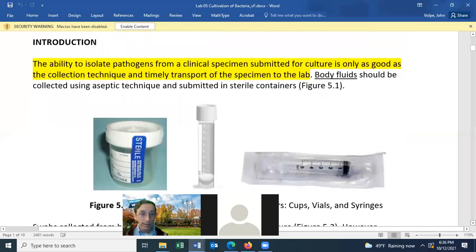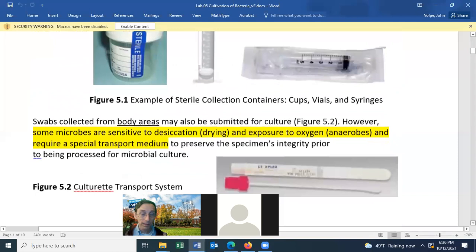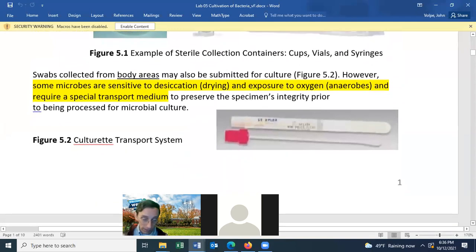Be able to isolate a pathogen from a clinical specimen submitted for culture. And when you do this, it's only as good as the collection technique and the timely transport of the specimen to the lab. Too much time, the bacteria can die. And if you don't use good technique, you can get your specimen contaminated.